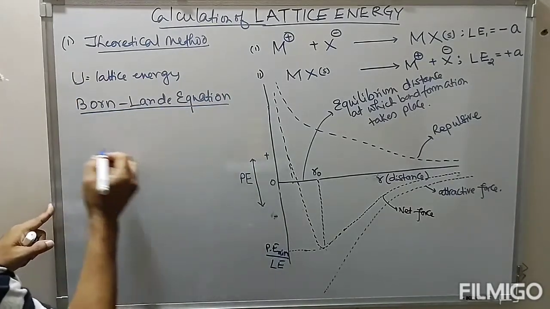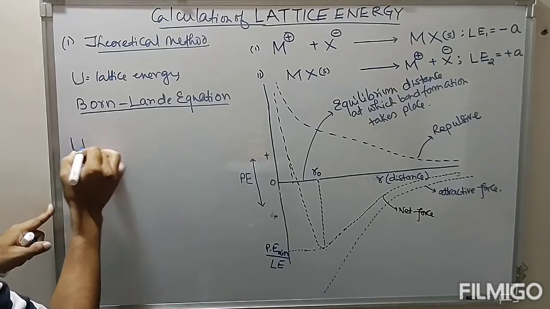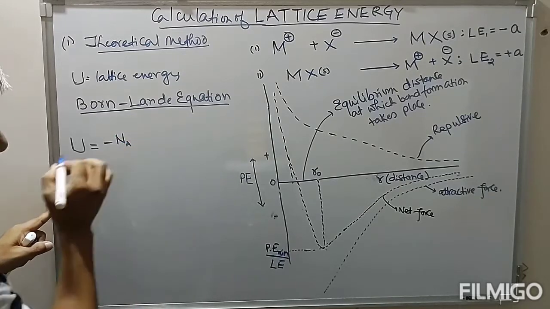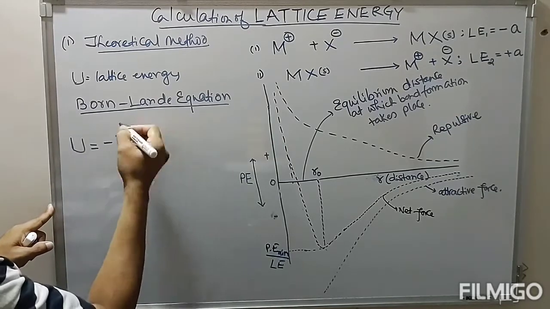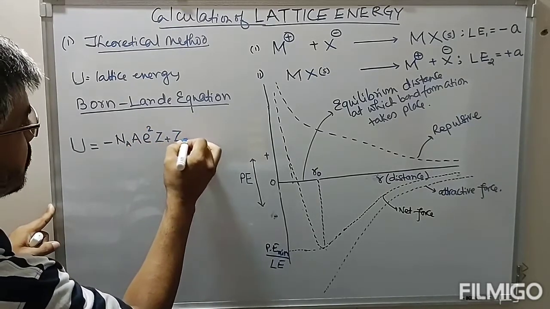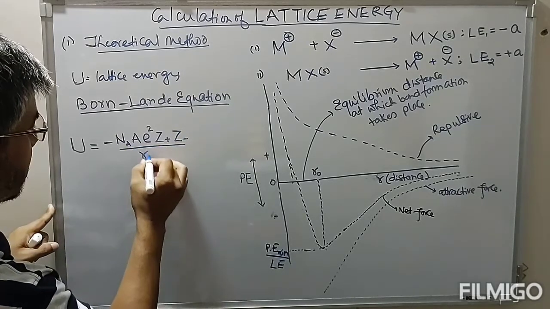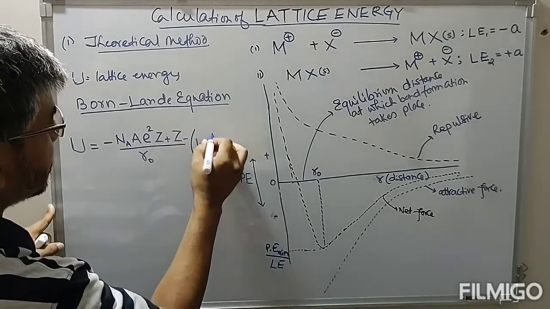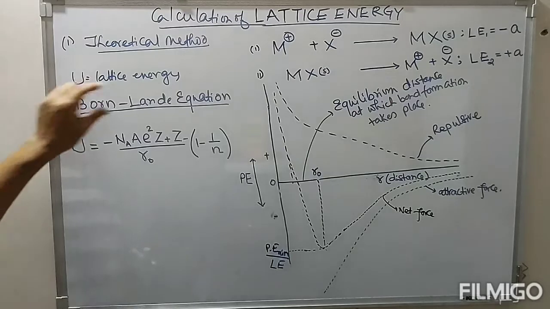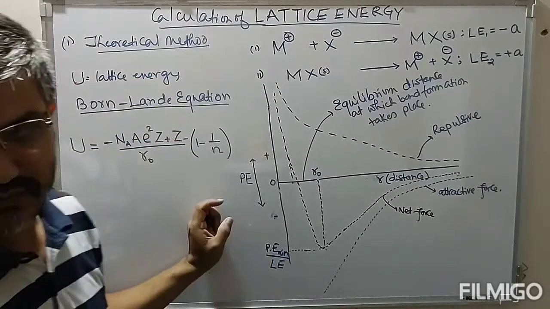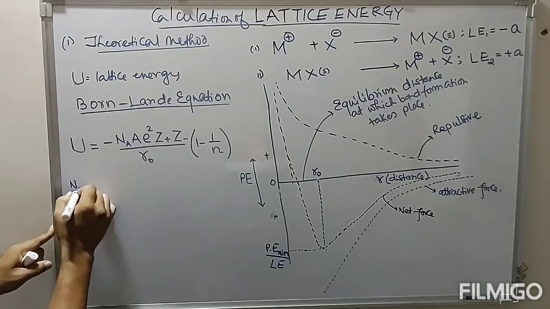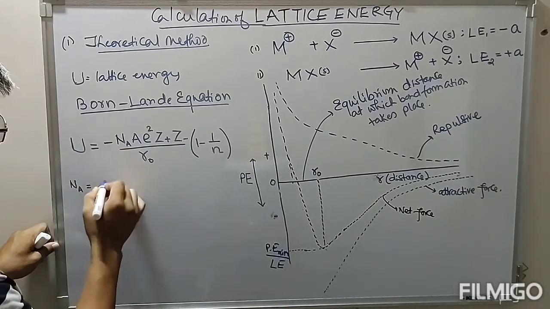Based on this Born-Lande equation, lattice energy U is defined as minus N A, that is Avogadro number, A is a constant that I am going to define later on, e square Z plus into Z minus divided by R naught, into 1 minus 1 by n. This is the equation known as the Born-Lande equation. These are the two scientists who defined this equation based on theoretical consideration. U is the lattice energy, N A is Avogadro number.